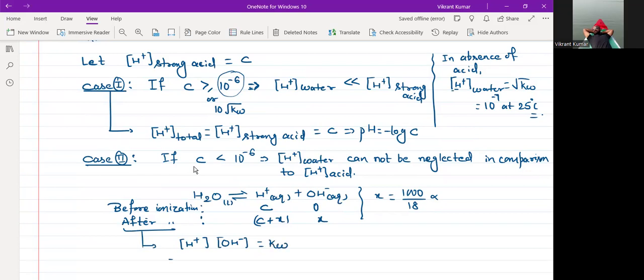So we have got a quadratic equation. C plus x into x is equal to KW, which gives you x square plus Cx minus KW equals 0.